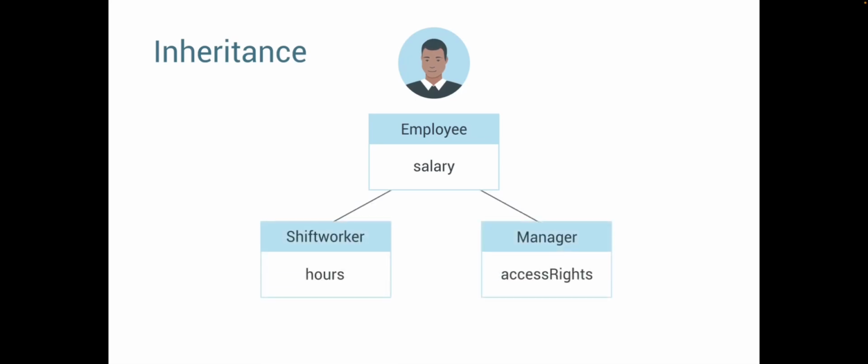Inheritance, however, allows a parent-child type relationship among classes, in which all child classes inherit the methods of their parent classes. For example, if you're writing an application for an HR system, you might have a parent class of employee and child classes that are more specific, like manager or shift worker. Let's see how this looks in code.